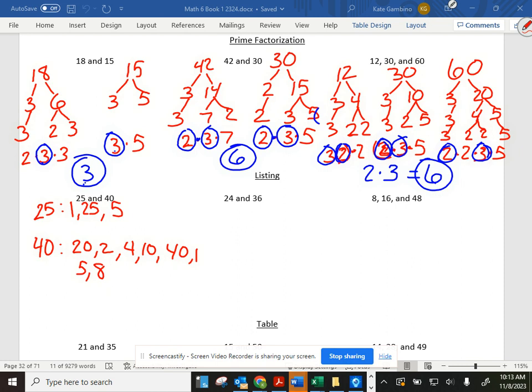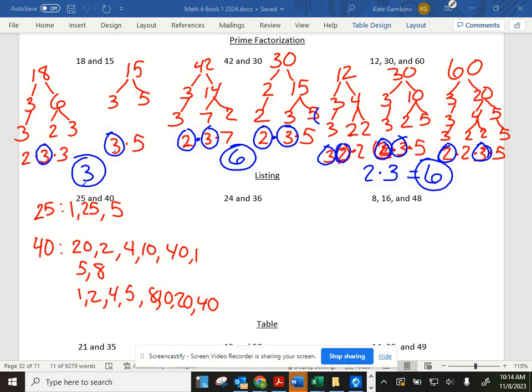The way I do this to make sure I'm getting it all is I look at it and I go, okay, with 40, I know there's going to be a 1 and a 40, 2 and 20, 3, nope, 3 doesn't go into 40, 4 does, 4 and 10, 5 and 8, I know 6 doesn't go into it, 7 doesn't go into it, and now I'm already to the 8. So I go through my numbers to see if I can divide by the 2, divide by the 3, divide by the 4. So that way I don't miss any.